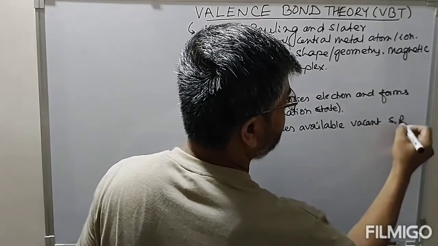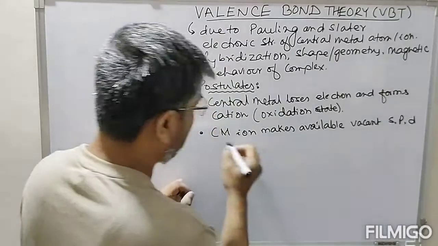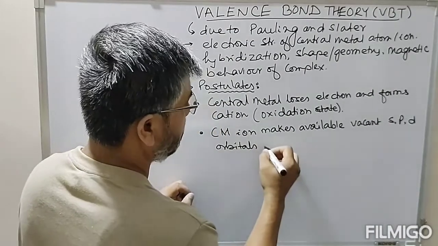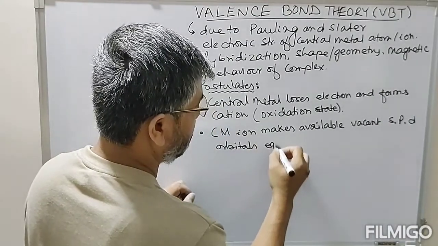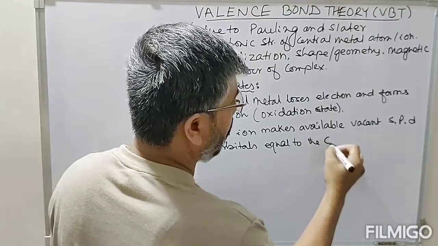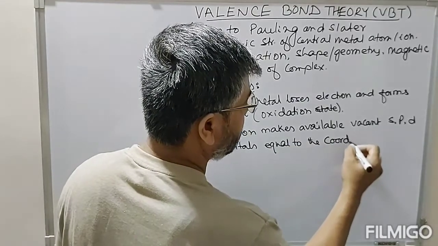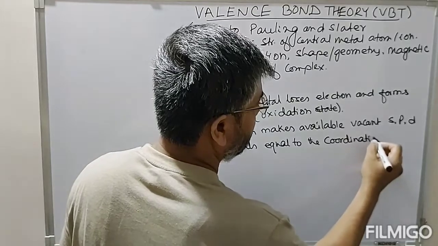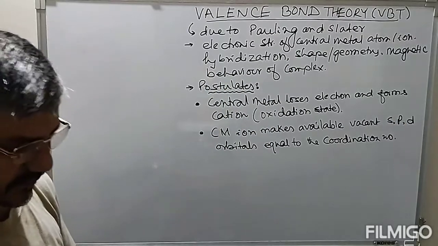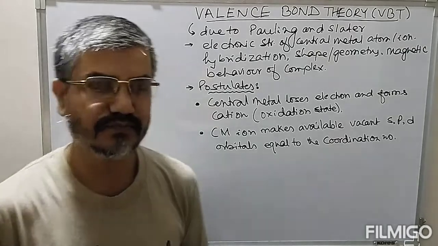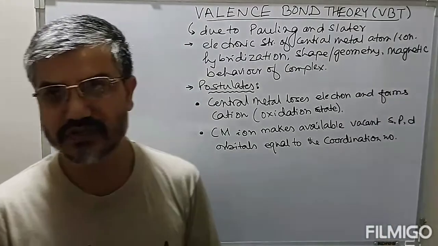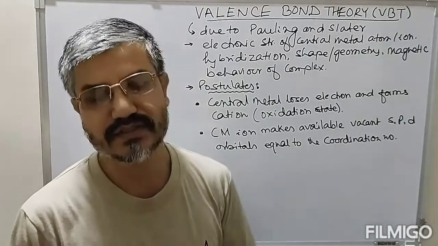That means if the coordination number of the metal ion in the complex is 2, it will make available 2 orbitals.